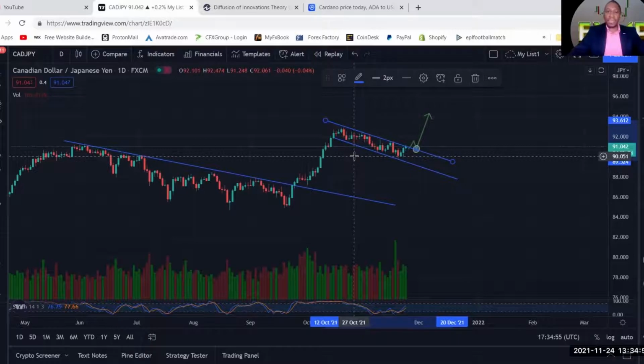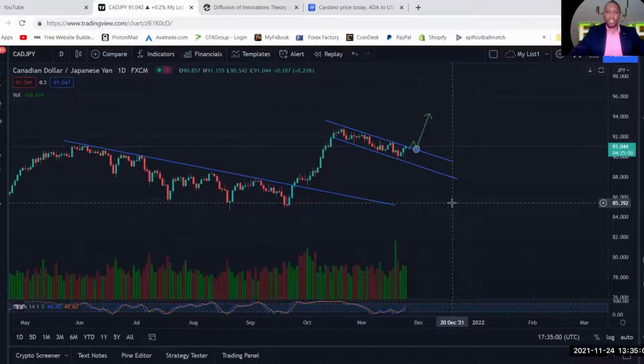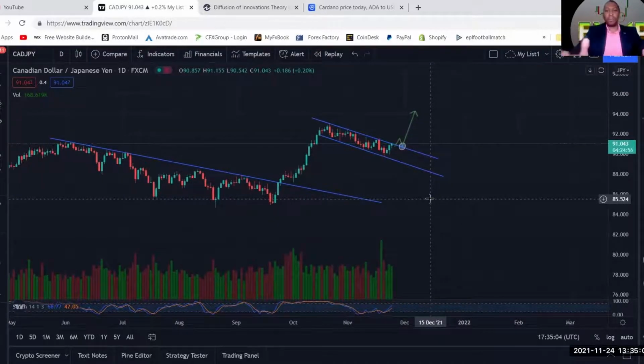The bears have been playing mas, as we say in local parlance in my country. That is basically indicative of the fear that has been in the market, because the Japanese yen is a safe haven pair. So when there's fear in the market, you find a lot of folks gravitate towards the Japanese yen.